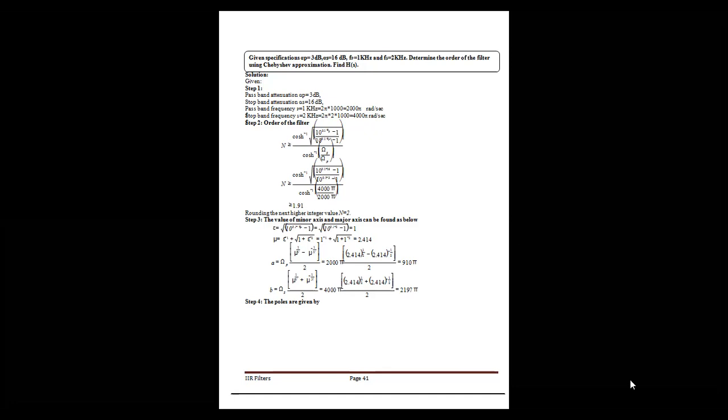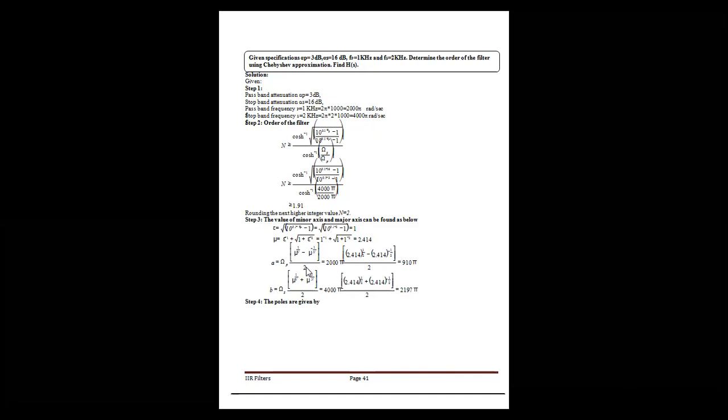Next step, we have to find the value of the minor axis and major axis, denoted by A and B. Before that, we need to know the values of epsilon and mu. So what is the value of epsilon? Epsilon is equal to square root of 10 to the power of 0.1 alpha p minus 1.